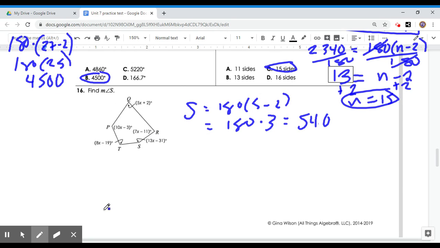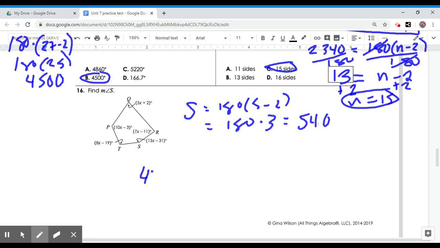So I could write this all as one big equation, but I'm just going to combine like terms as I go. So we have 5x plus 10x is 15x, 15x plus 8x, 23x, 23x plus 13x is 36x, and then 36x plus 7x is 43x.